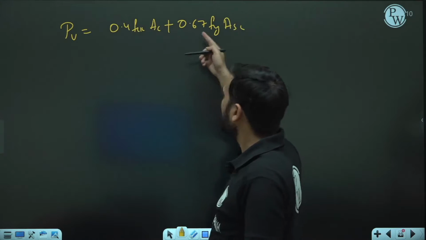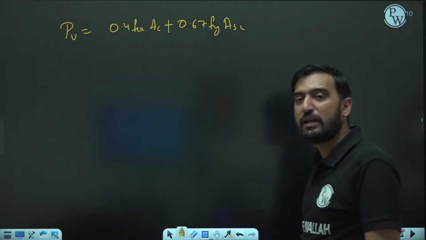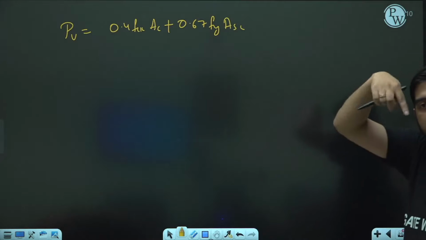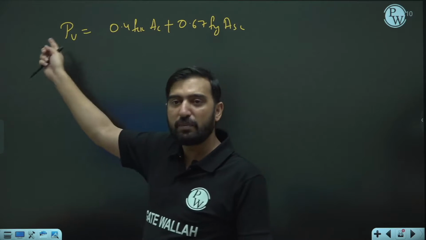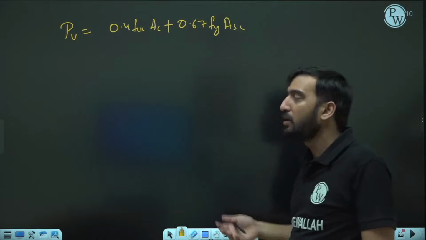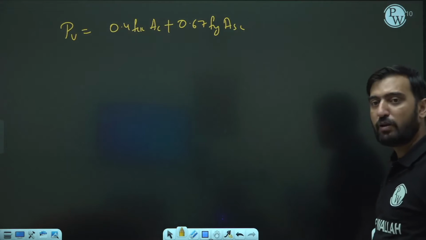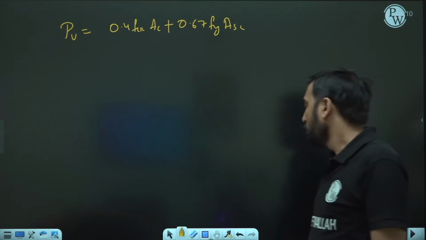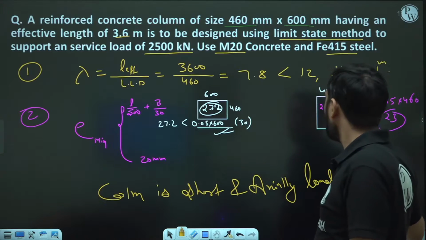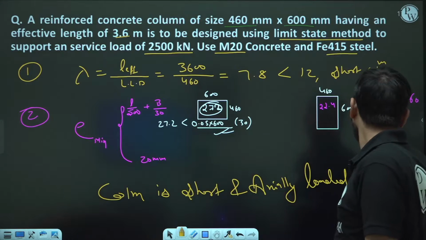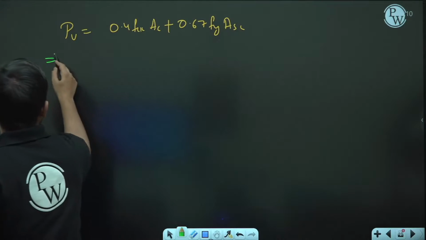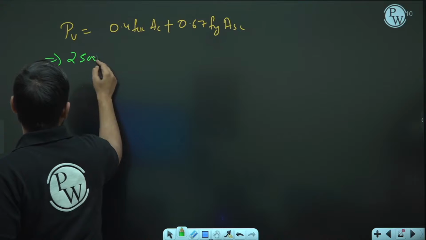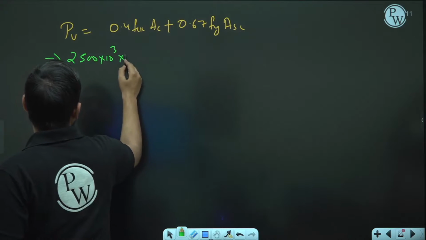One more important thing, dear: whenever there is a case of helical or spiral reinforcement, in that case simply increase the load carrying capacity of the column by 5%, or multiply this by 1.05. So what load do we have to resist under working condition? 2500 kilonewton. So the actual load which we need to resist here is 2500 kilonewton into 1.5.